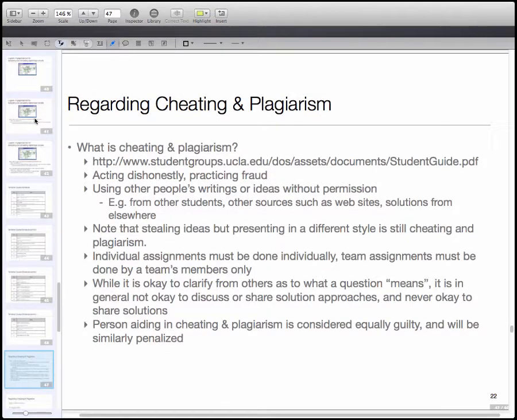Okay, cheating and plagiarism. I'm sure you're aware of all the standard UCLA policies. Since a lot of material here is take home, particularly design assignments, the bottom line is that anything which is individual, you have to do by yourself. That means not only not collaborating with others, but also not hunting on the web to find solutions.